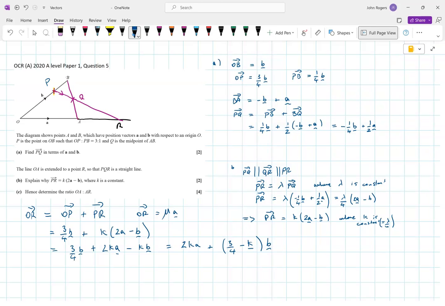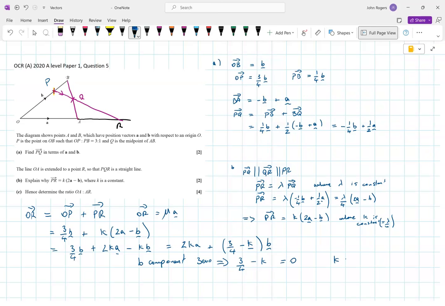We've got this and this. We know that the B component has got to be equal to 0. So we have 3/4 minus k equals 0.